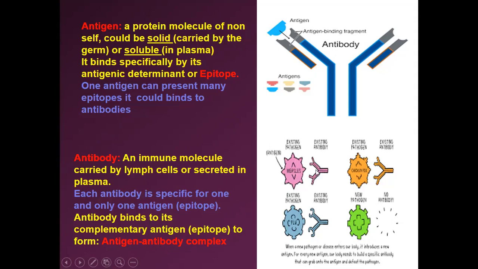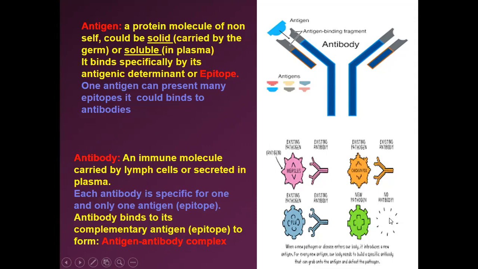Note that there are very high numbers of kinds of antibodies, specific for each type. The antibody is specific for one type of antigen. Look at the complementarity between the antibody and the antigen. This is the antigen.